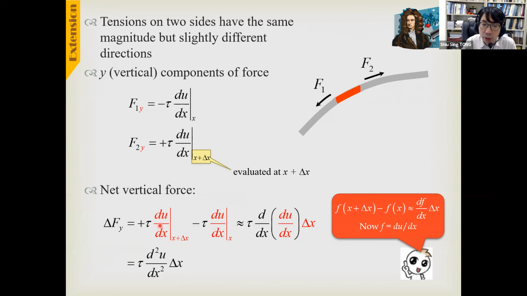Now, if I consider a function I call small f to be equal to du dx, then the first term will correspond to the function f evaluated at x plus delta x, while the second term will correspond to the function f evaluated at x, right? The difference between the function evaluated at x plus delta x and the function evaluated at x can be approximated by the derivative, right? Now, this is just a Taylor series expansion.